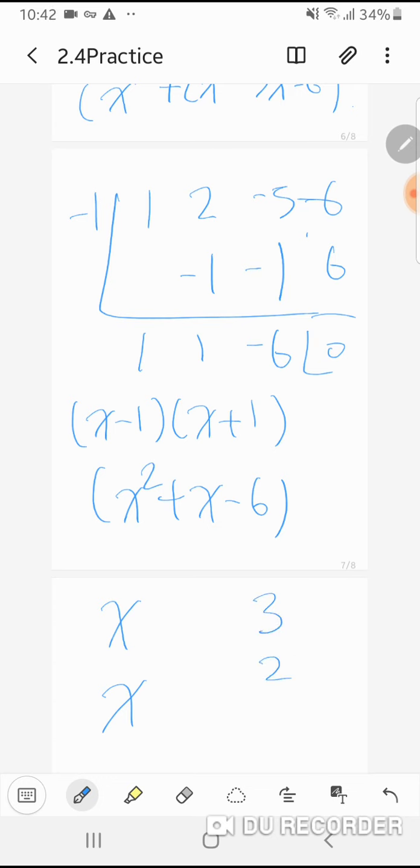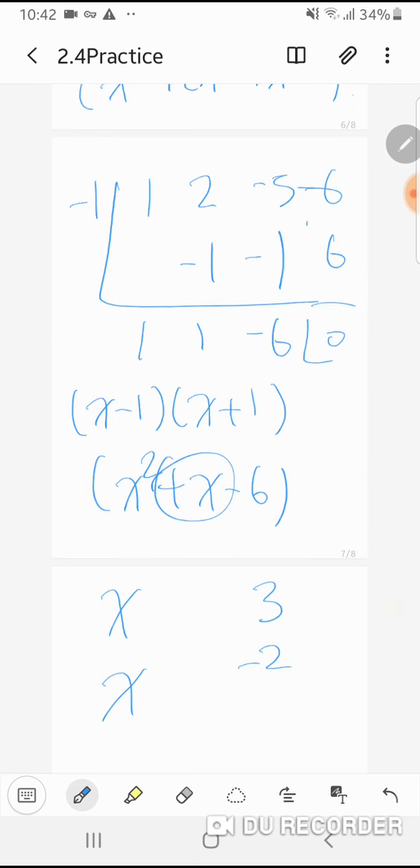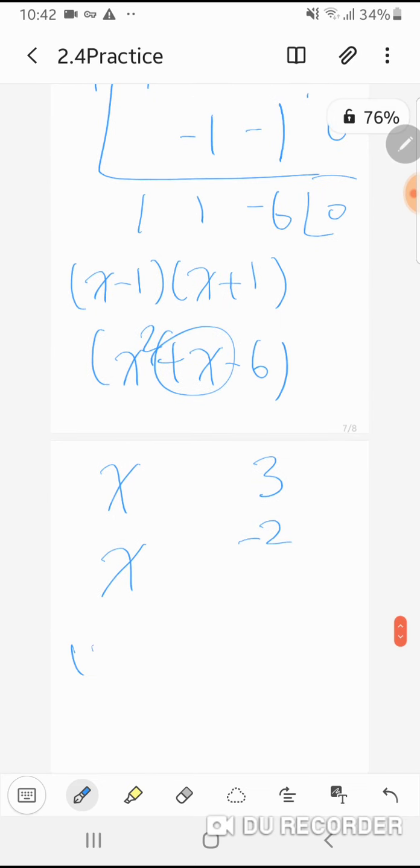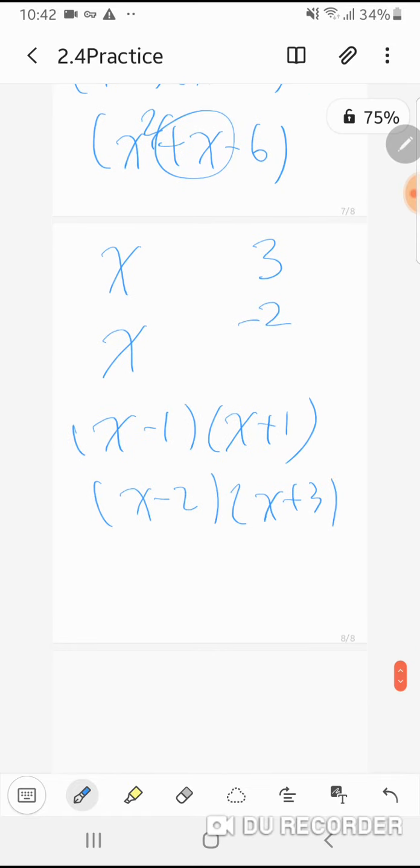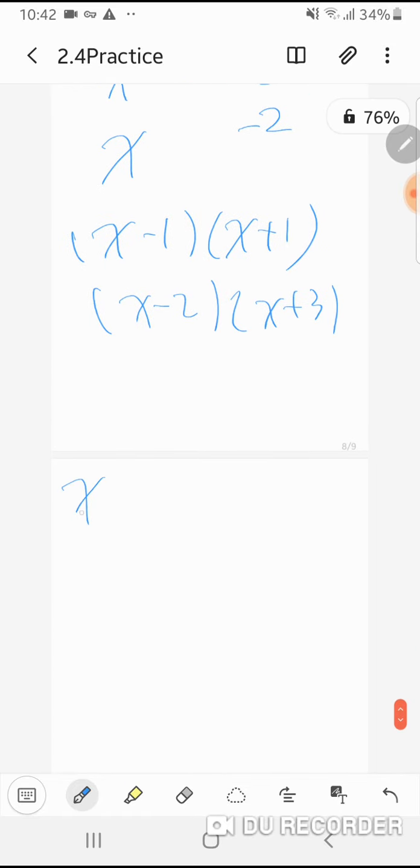There has to be one negative, and because this is positive, 2 has to be negative. So we get these, and now we know that x is 1, negative 1, 2, and negative 3.